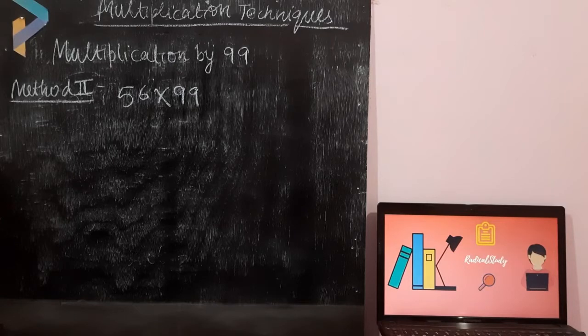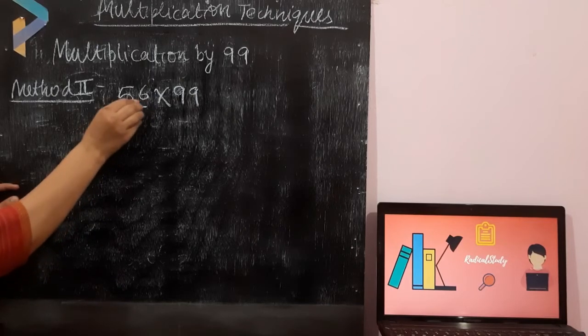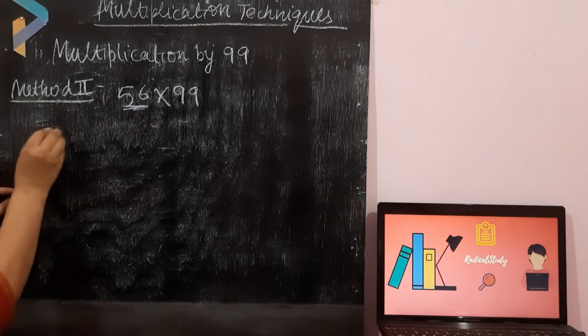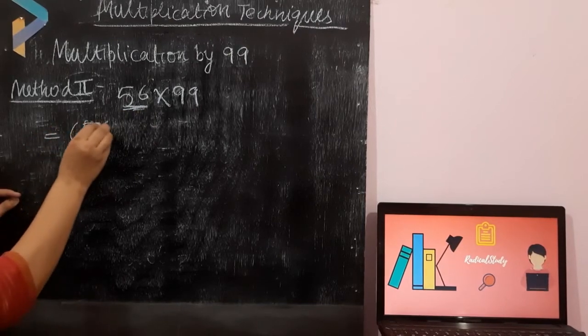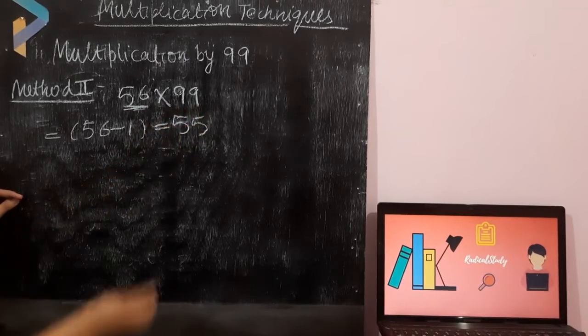So what will be step 1? You have to subtract 1 from the number to be multiplied by 99. We have to multiply 56 by 99, so firstly we subtract 1 from this number. This is 55. Right students?